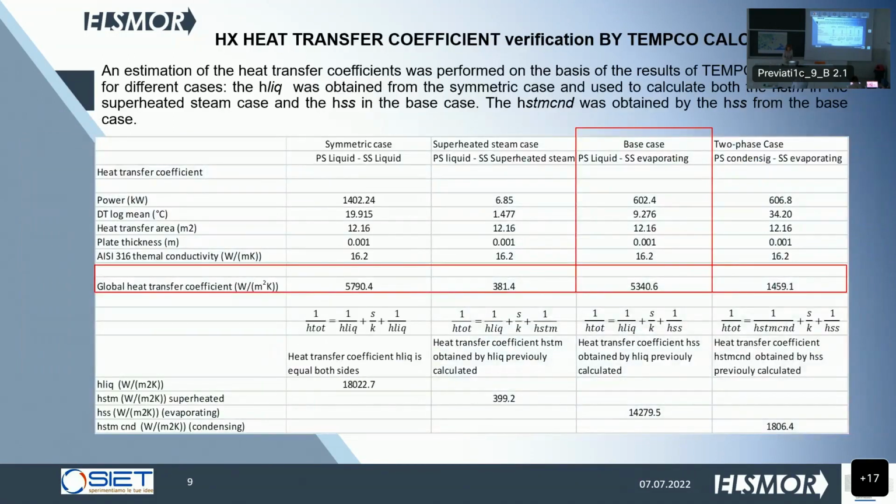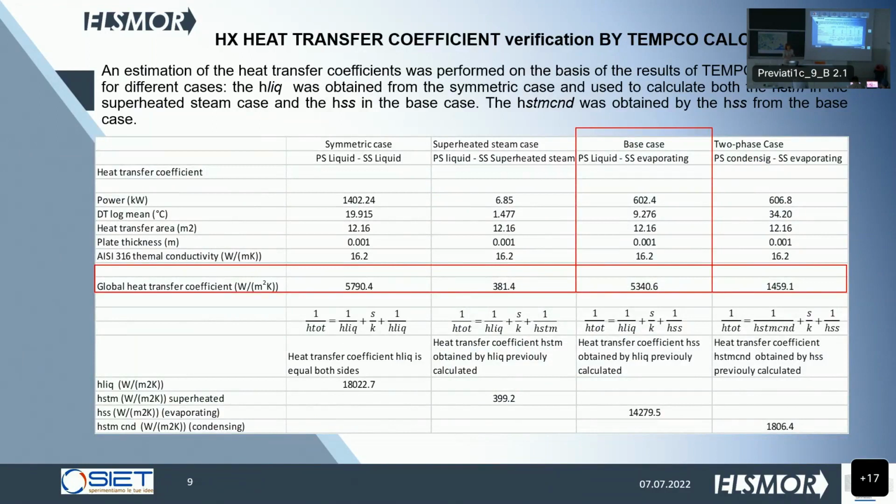We also did a verification for this component, because we didn't know anything about it. So we interacted with the manufacturer to better understand its capability to transfer the power from the primary to the secondary side of the loop.